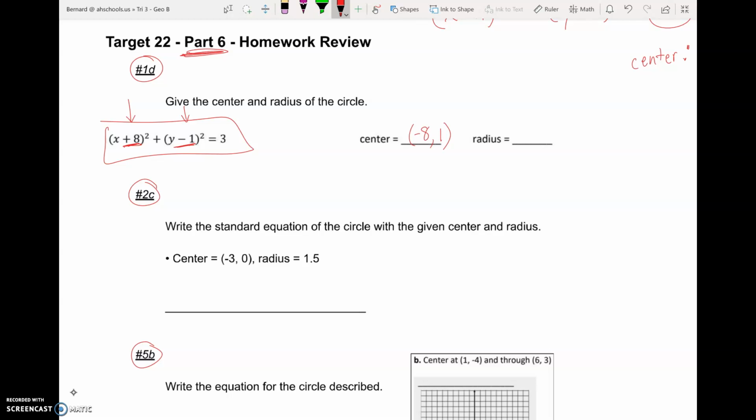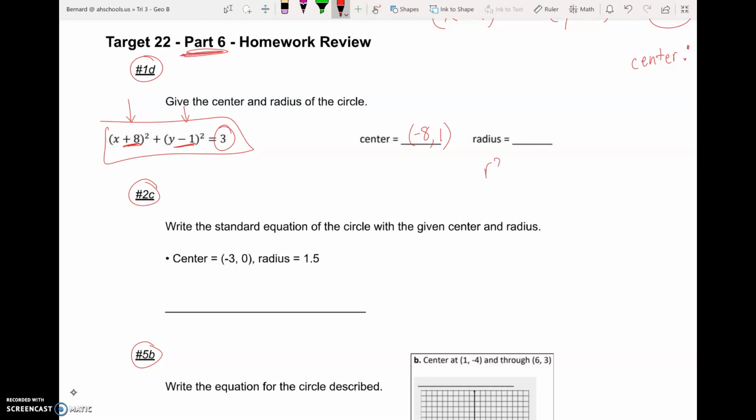Now our radius is a little bit weirder, and that's okay, because we're just going to get a decimal here, and that is totally fine. I have a calculator on my tablet. So remember our radius is the square root of that number.